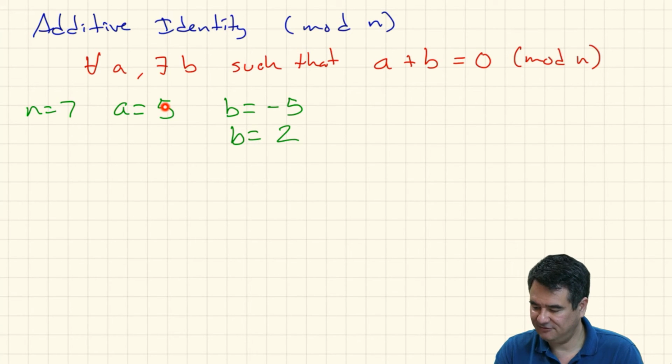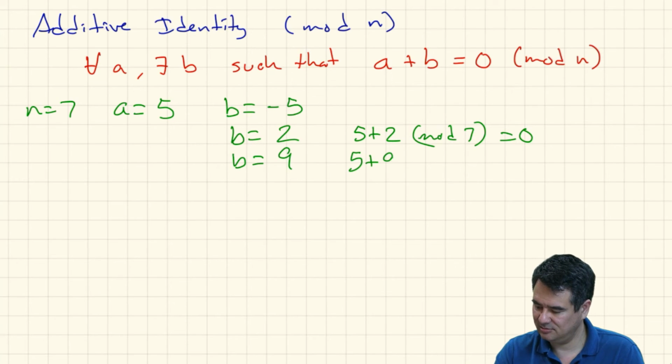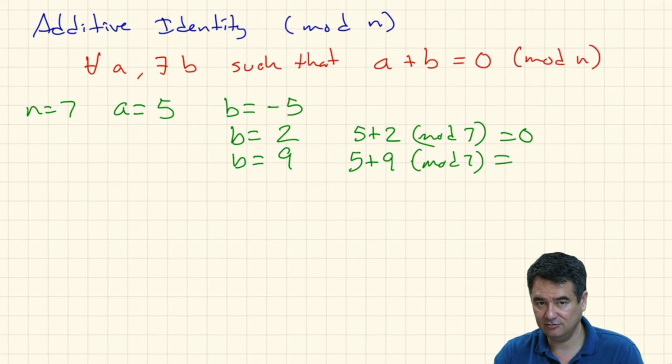So if I take 5 and I add it to 2 and I do mod 7, 5 plus 2 mod 7 is certainly equal to 0. And there's many values of b that'll work. Another one might be 9, right? 5 plus 9 comes out to be 14, and then you do 14 mod 7 and you get 0.